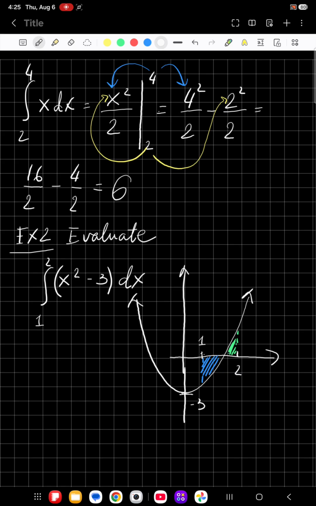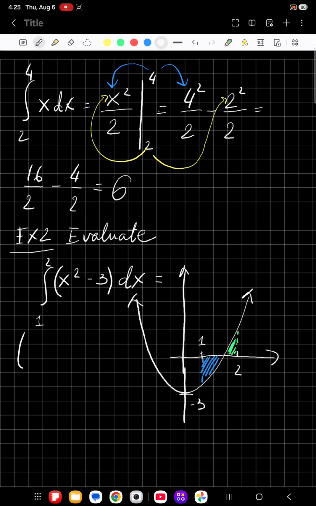Okay, so we're finding the antiderivative. I hope you remember that we can split it into two integrals or two antiderivatives. So for the first one, we add 1 to that exponent and then divide by the result.